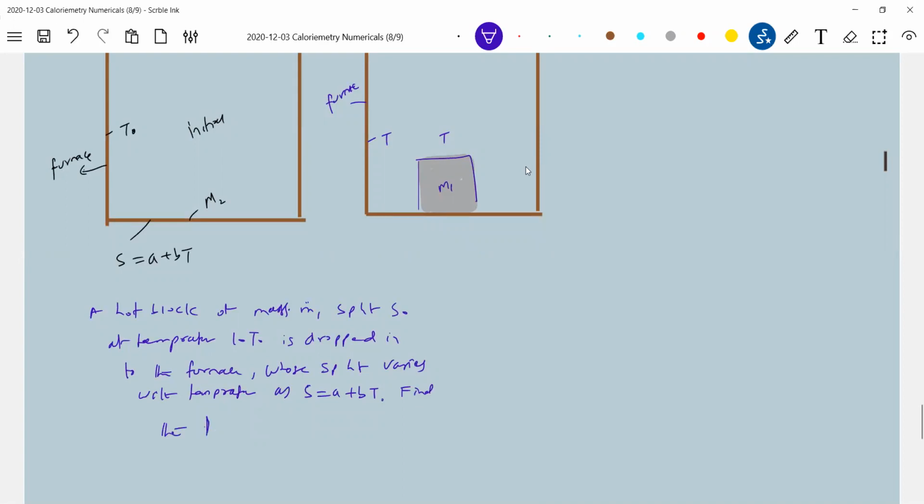Find the final temperature at equilibrium.